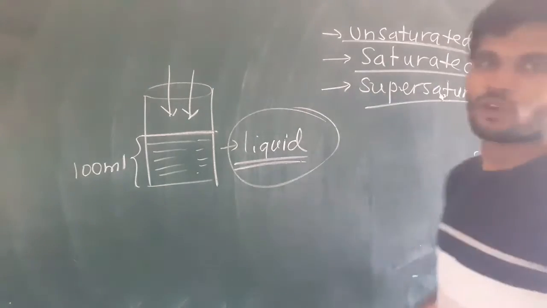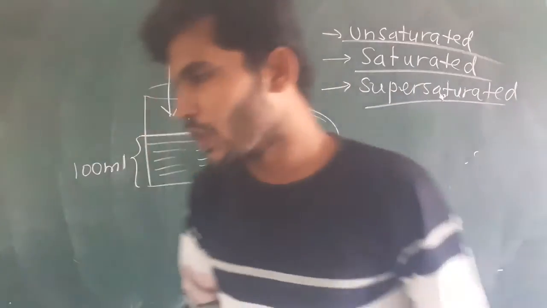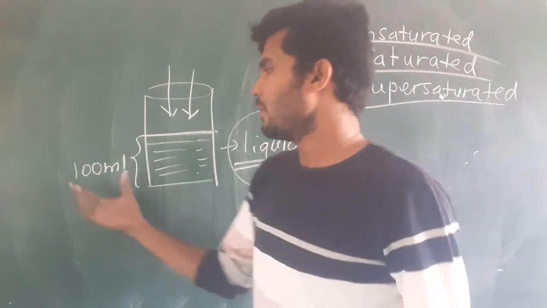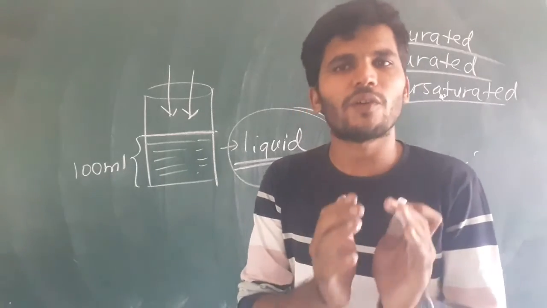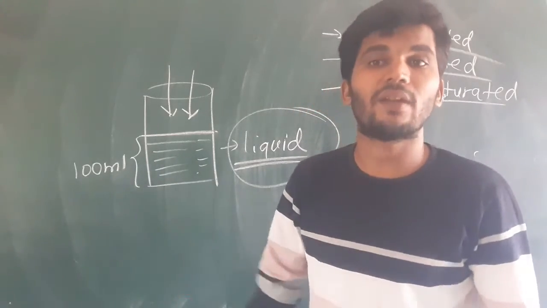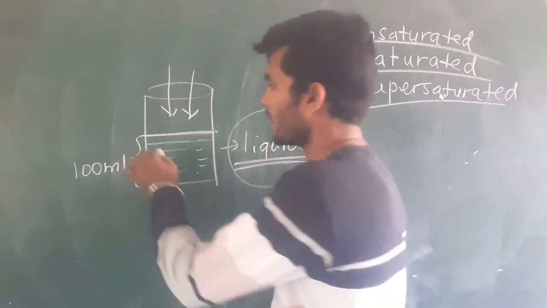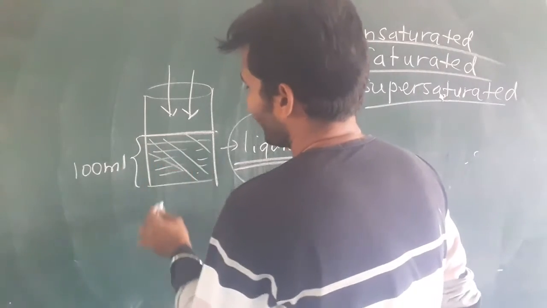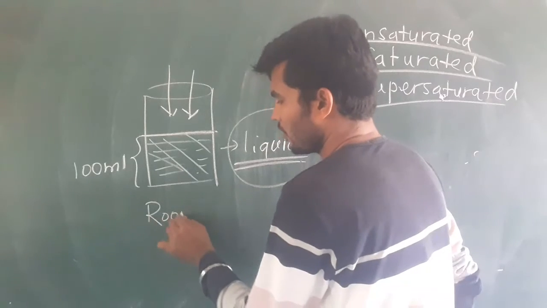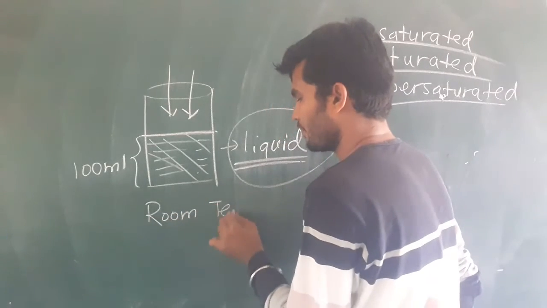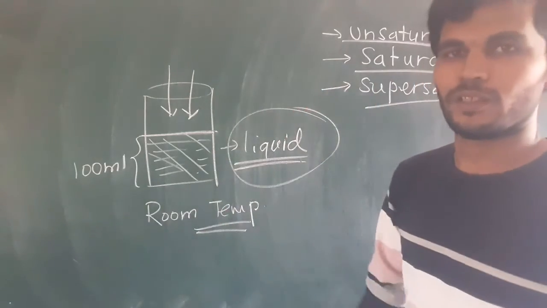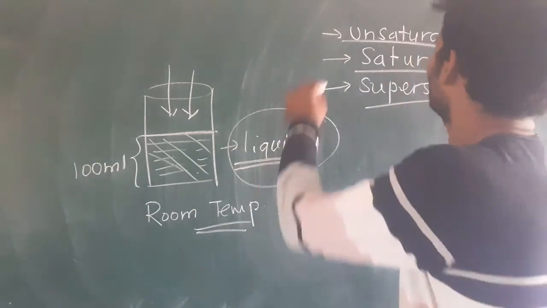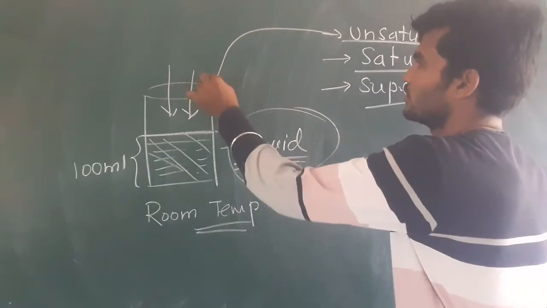So these 3 things are also very important in our syllabus. So here maximum in 100 ml a particular quantity of salt I can add. More than that I cannot add, right? So that particular thing, when at a room temperature, मतलब at a normal temperature, how much salt I can add in a solution is called the unsaturated solution.